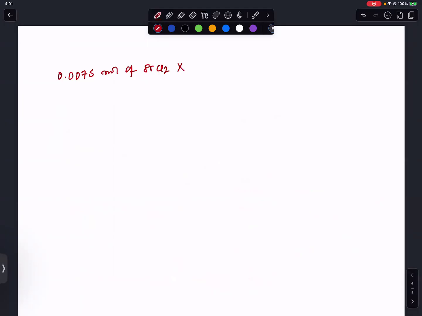And I'm going to say that for every mole of strontium chloride present, there's 1 mole of strontium. And this also gives me 0.0075 moles of strontium ions.